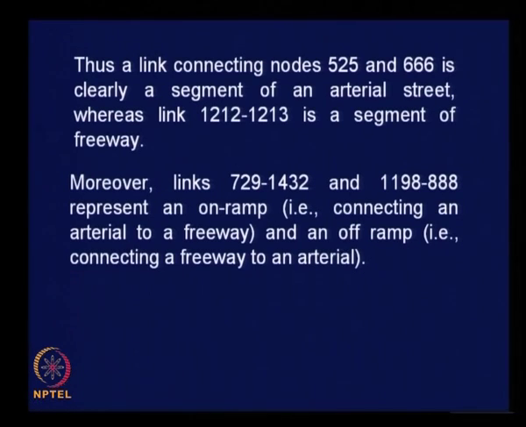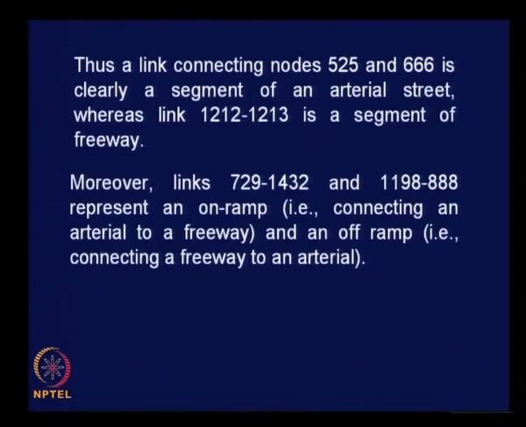On ramps are the ramps which take the traffic from the ground level to a higher level in the case of grade separated intersections. Please remember, the expressways will have all its intersections grade separated, okay. Otherwise it cannot be called an expressway.